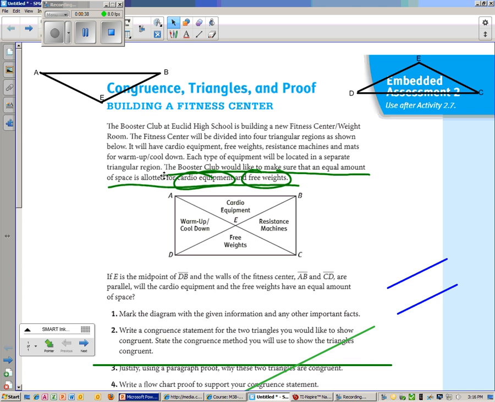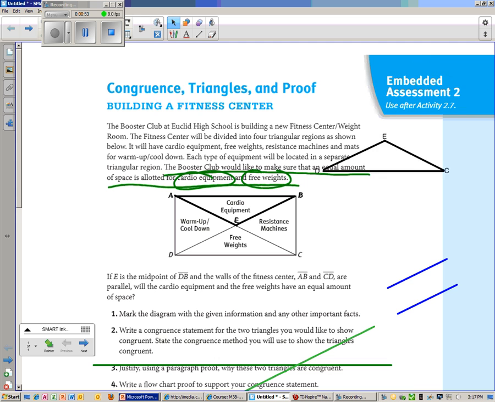So you're going to want to find equal amounts of space so you can house the cardio equipment and free weights. Okay? So as you can see, all you're going to be focusing on is this triangle there and this triangle here, and you want them to be congruent. Okay?